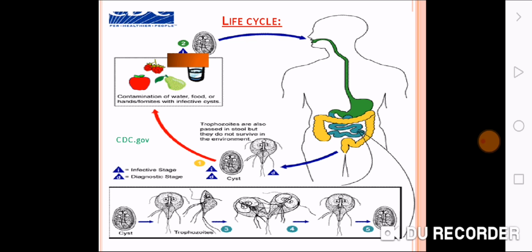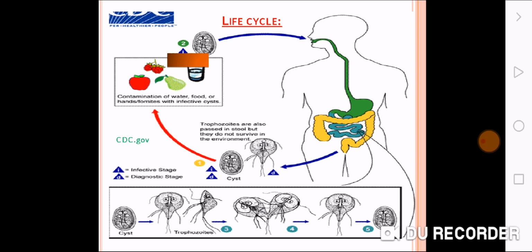The excystation, the release of trophozoites, occurs in the duodenum, and these trophozoites, when released, multiply by binary fission and remain in the lumen of the proximal small bowel, and then they can be free or attached to the mucosa by their ventral sucking disc.